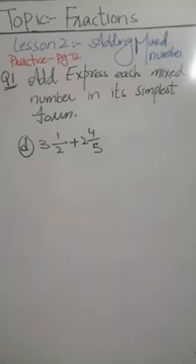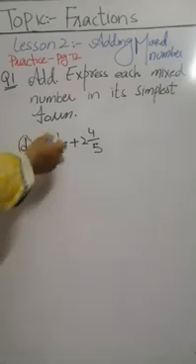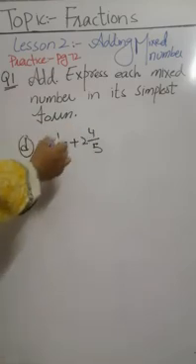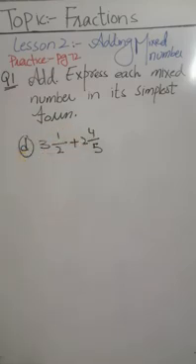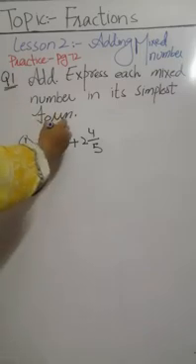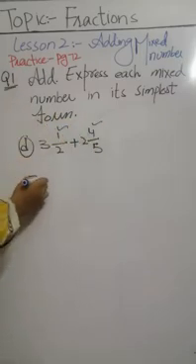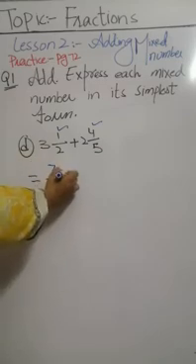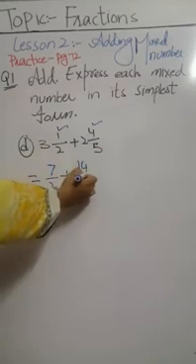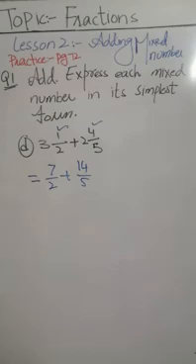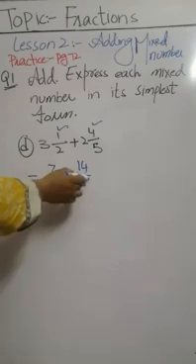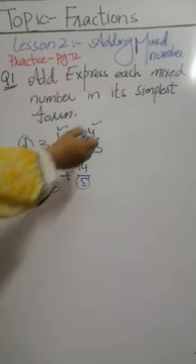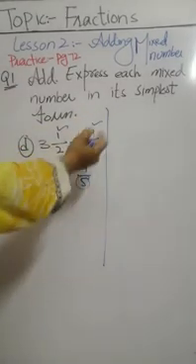Now we have part D: 3 whole 1 by 2 plus 2 whole 4 by 5. We have these two mixed numbers. We have to convert them into improper fractions. It becomes 7 by 2 plus 14 by 5. Now we have two different denominators, and we have to make them the same.